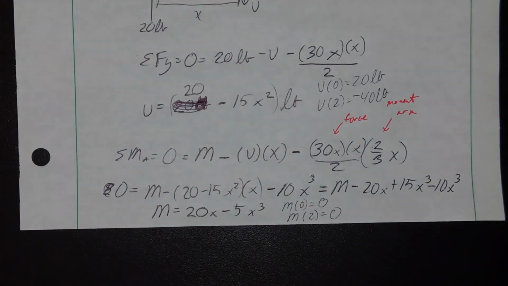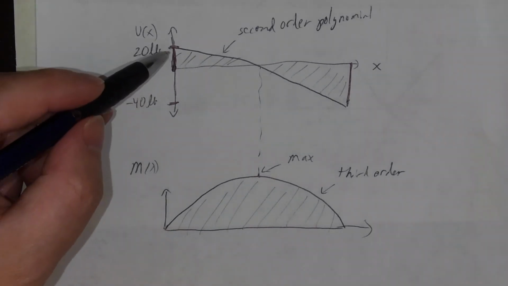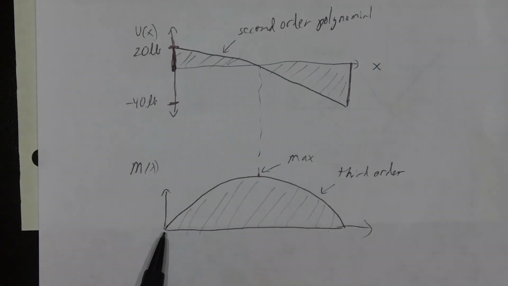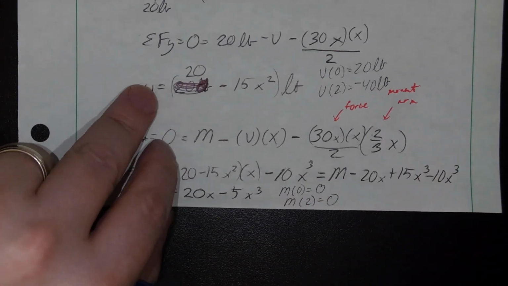If you believe me earlier, that makes sense. Shear starts at 20, goes down to minus 40, and moment starts and ends at 0. So far, so good. Okay, let's put some things in here.